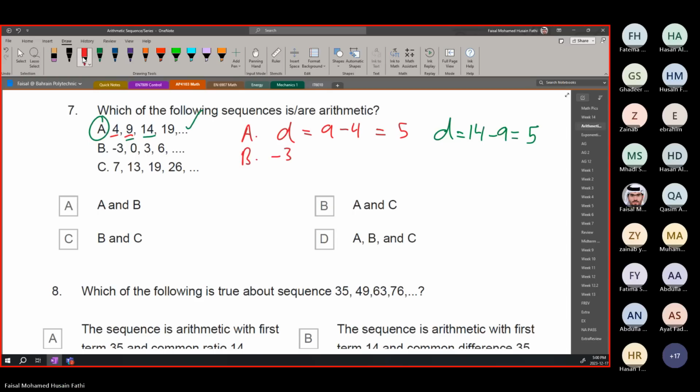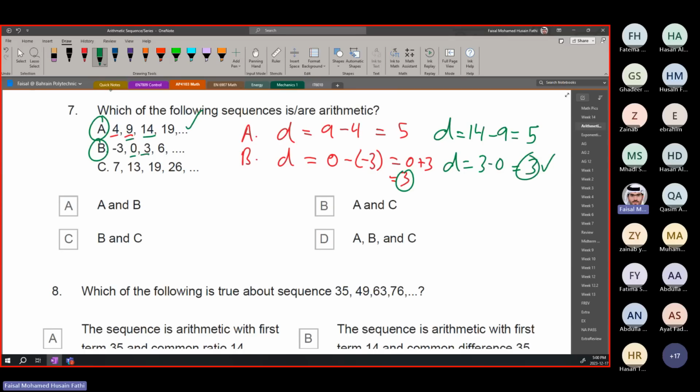Do the exact same thing for B. Common difference is 0 minus 3, sorry. Minus 3. So this is going to be equal to 0 plus 3, which is just 3. Let's check between this and this. D is equal to 3 minus 0, which is equal to 3. Correct. So this is also an arithmetic sequence.